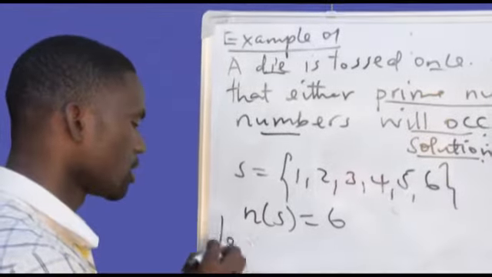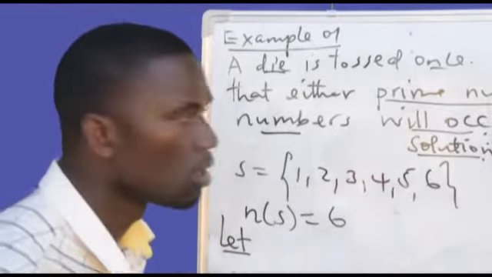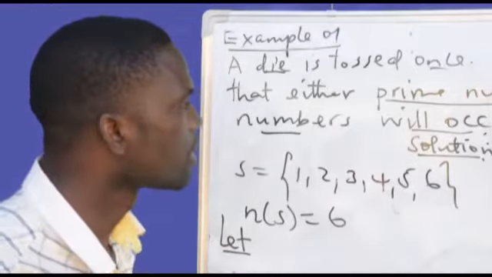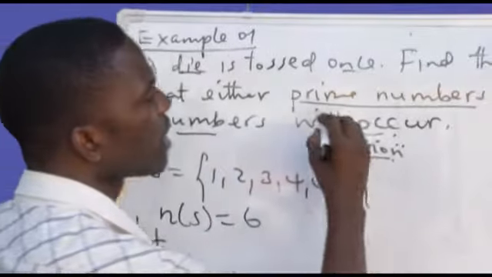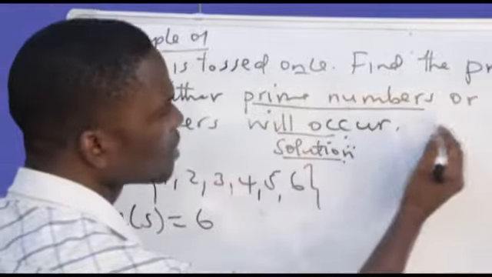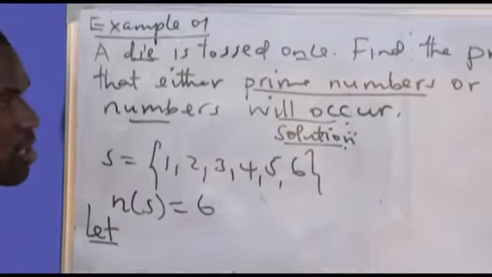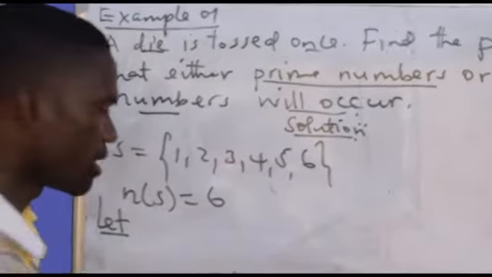Next is to define the events. Here the event is either prime numbers or even numbers, so we have to break these into two events.